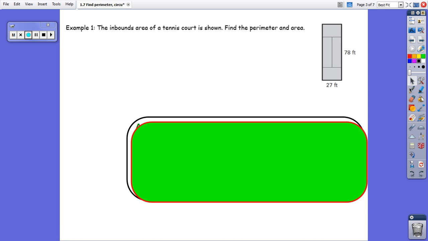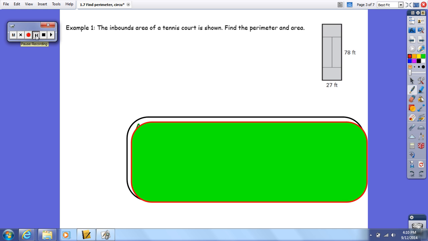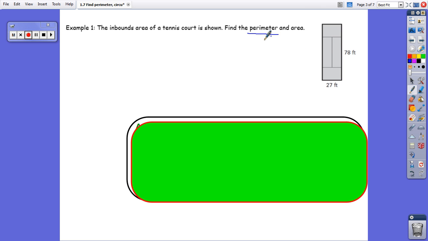So looking at this first example, the inbounds area of a tennis court is shown right here. Find the perimeter and area. So first we have to determine that this is a rectangle. And so to find the perimeter, we just have to look at our formula.